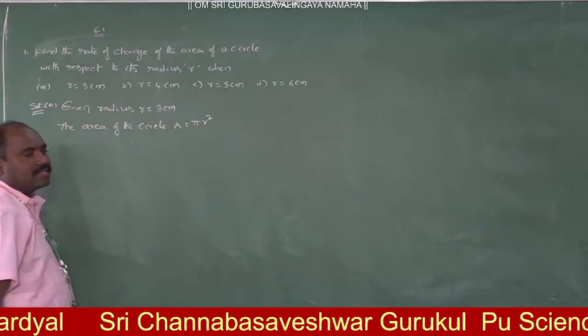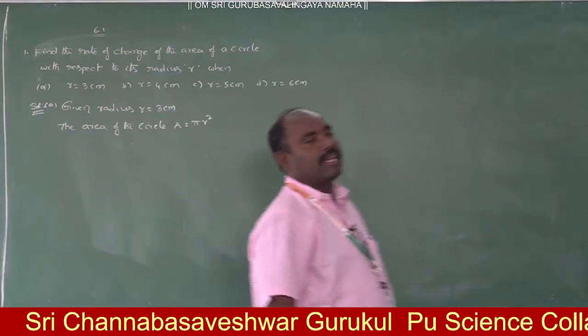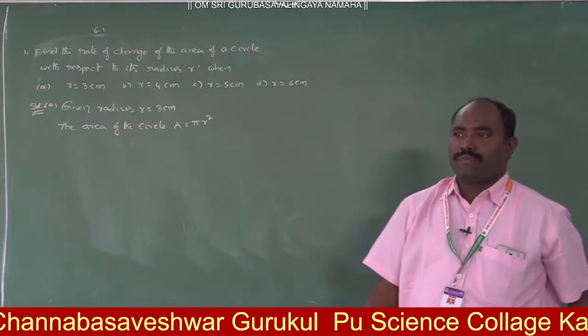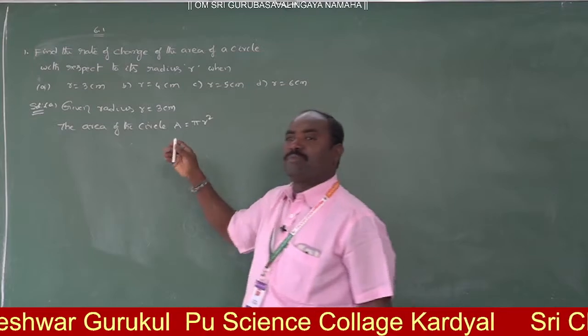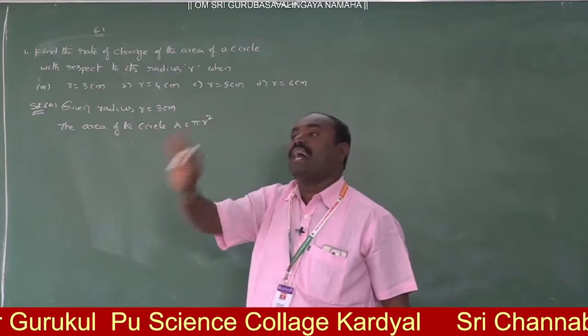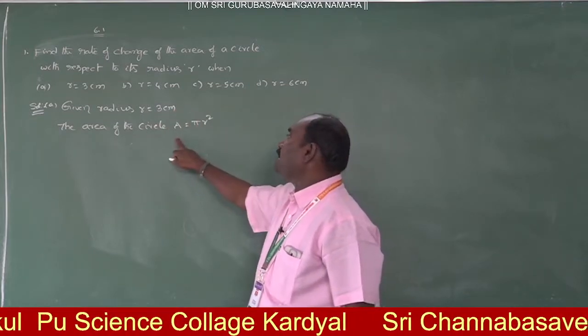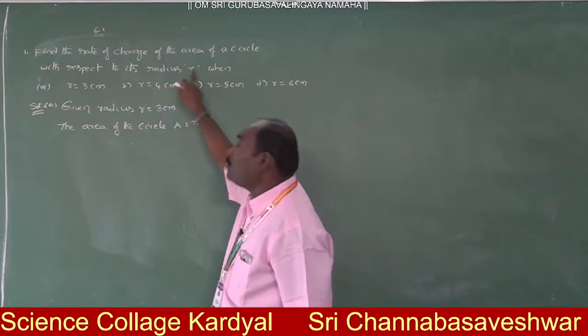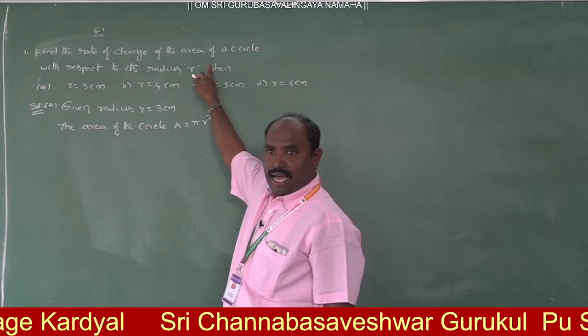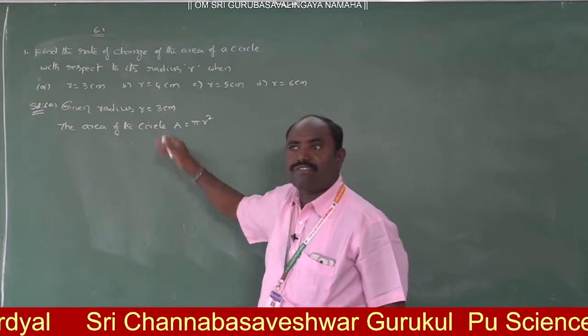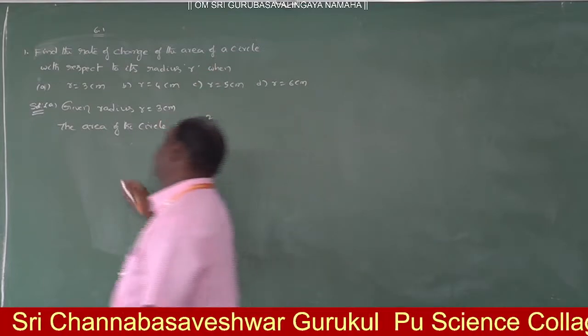Pi r square. Area of the circle equals pi r square. So the area changes, that means dA by dr. Differentiating with respect to r. Here it is given perfectly with respect to its radius r.